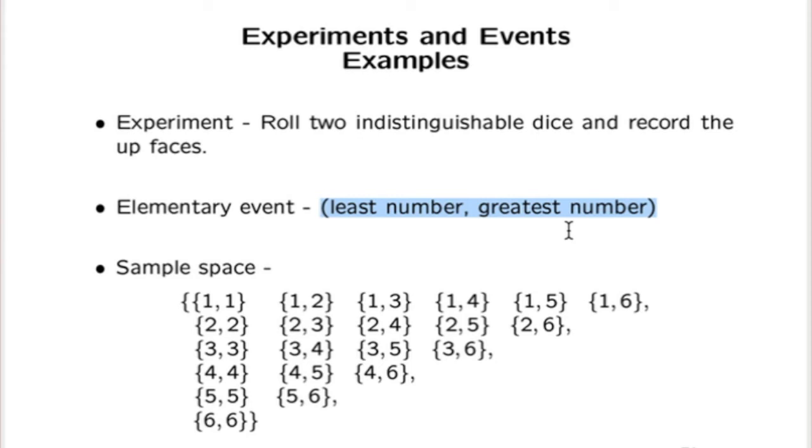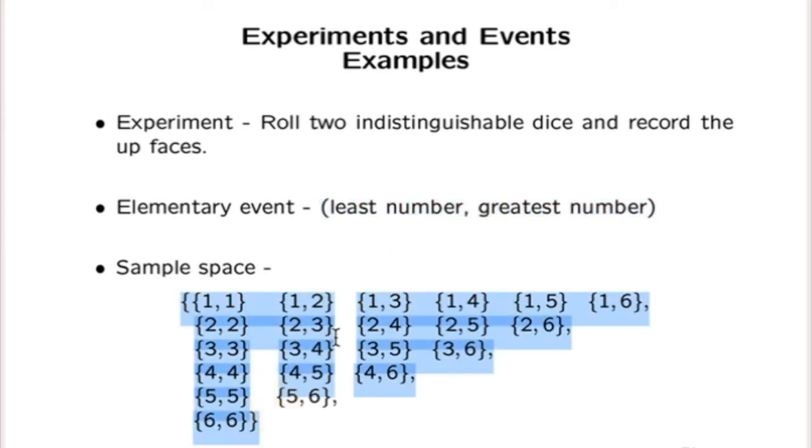Now keep in mind that the least number and the greatest number could be the same. For example, you could get a 2 and a 2, and so the least number would be 2, the greatest number showing would be 2 as well. So stating it this way does not mean that the least number has to be strictly less than the greatest number. And so the sample space consists of these ordered pairs here.